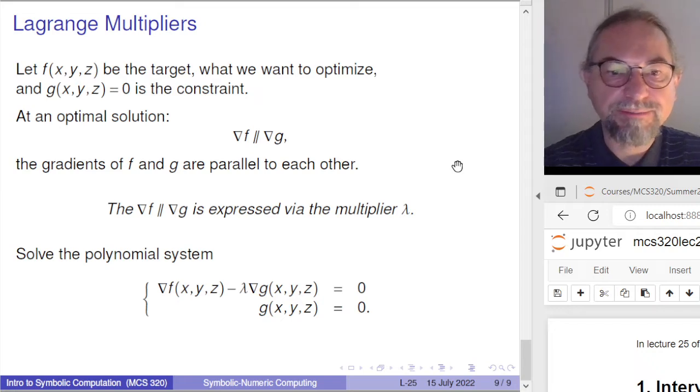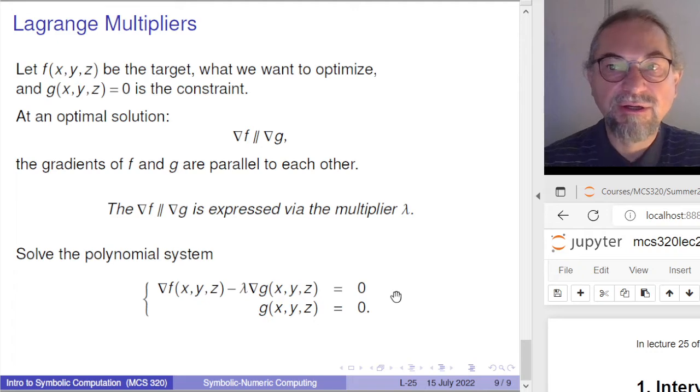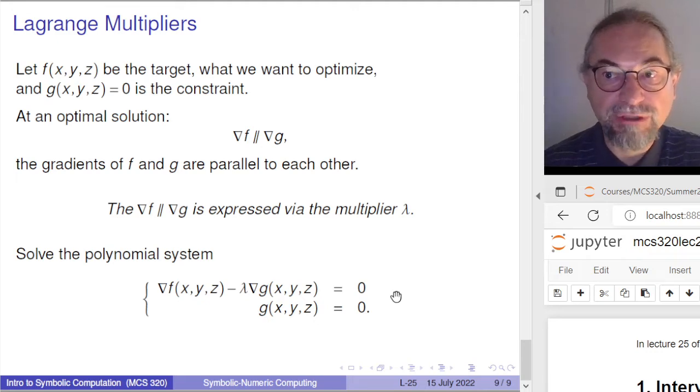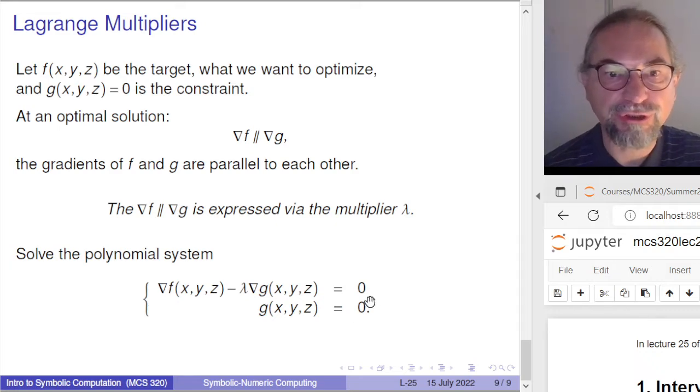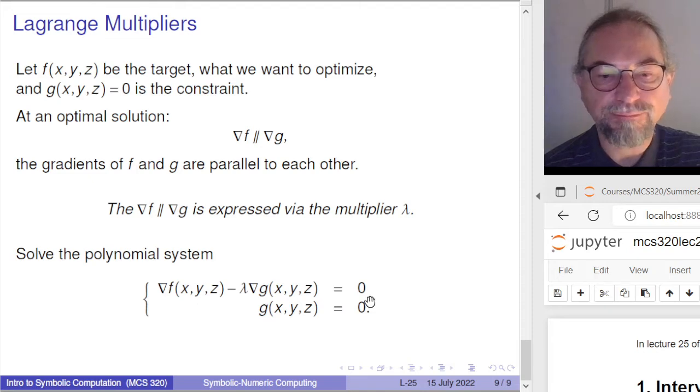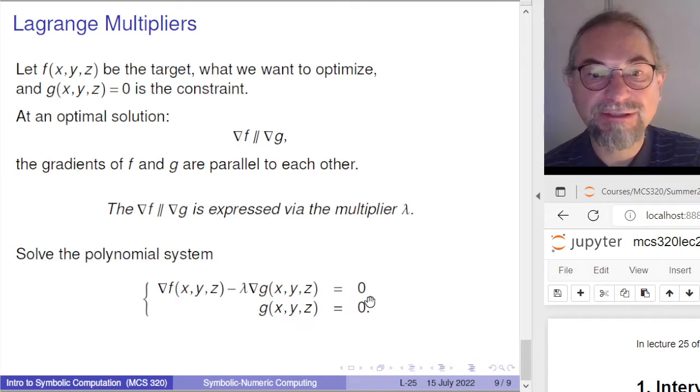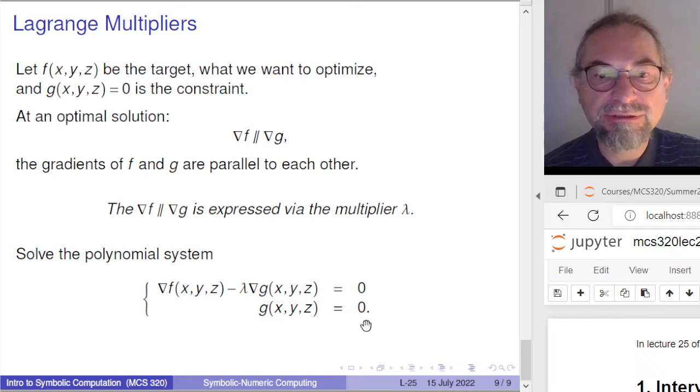The first equation, which is actually a sequence of 3 equations, is a vector equation that expresses that the gradient of the target is a multiple of the gradient of the constraint. And we solve this system augmented with the constraint.